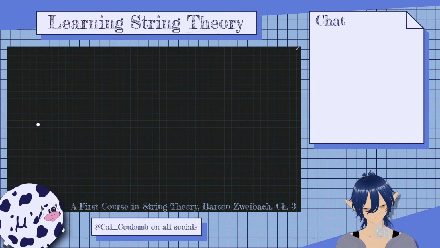The Heaviside-Lorentz system of units is far more convenient for discussions that involve relativity and extra dimensions.